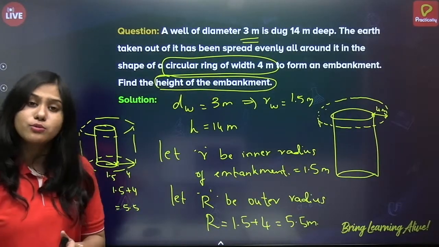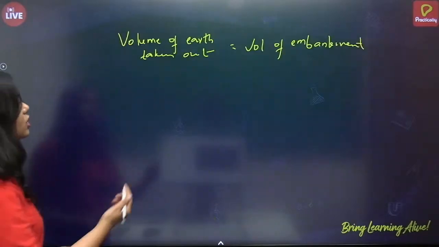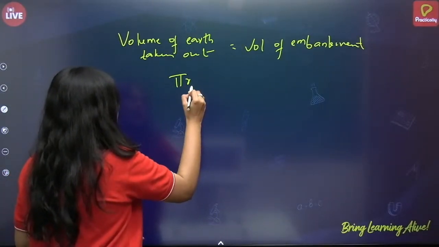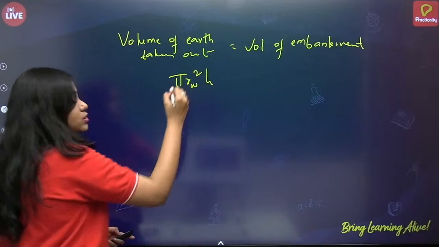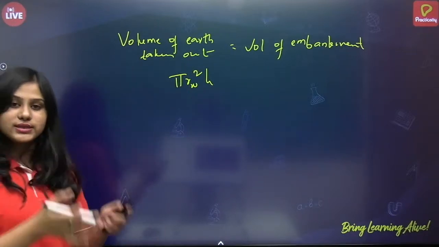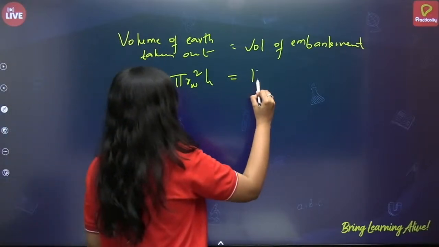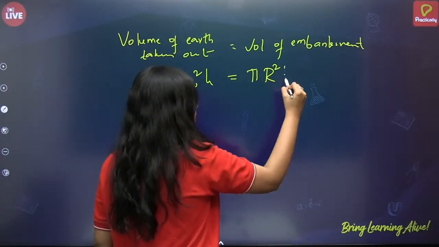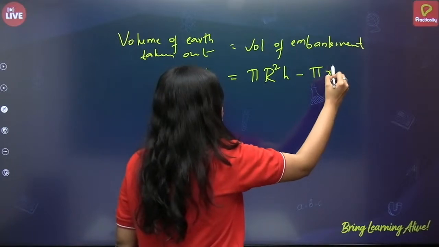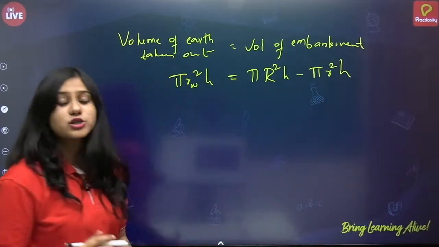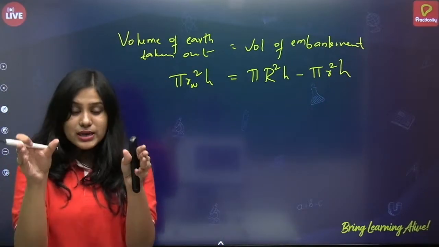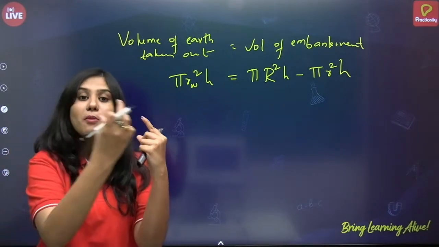What is the volume of the cylinder? Pi r square h. So write pi r square h, where r_w is the radius of the well or cylinder. And what is the volume of the embankment? Pi of capital R square h minus pi of small r square h. Why? Because that is the embankment, correct? It is just in the form of a ring.